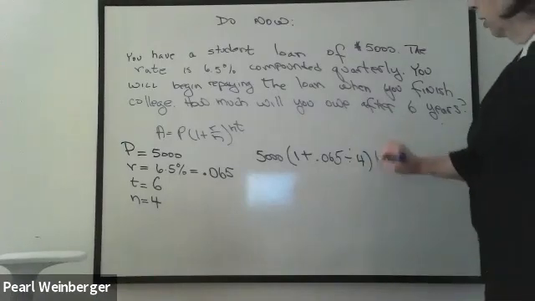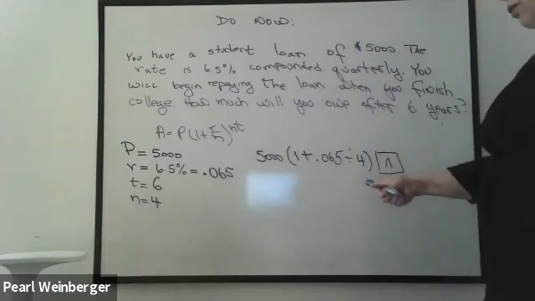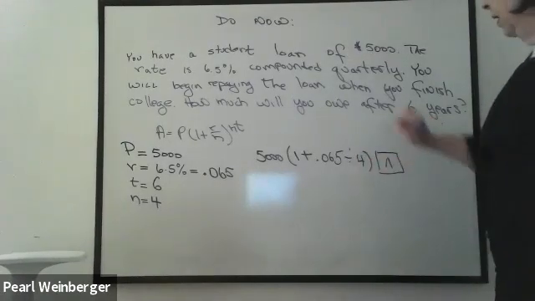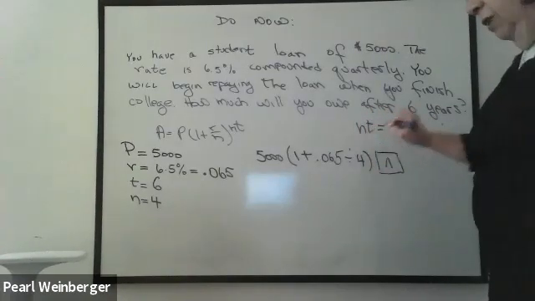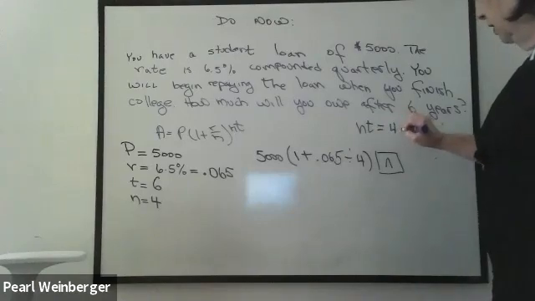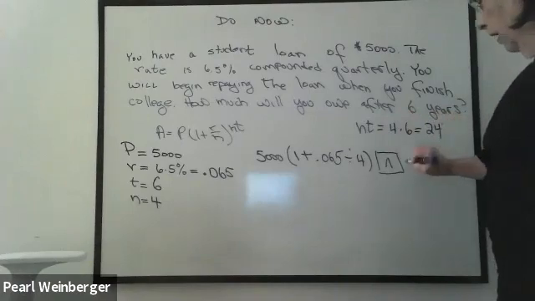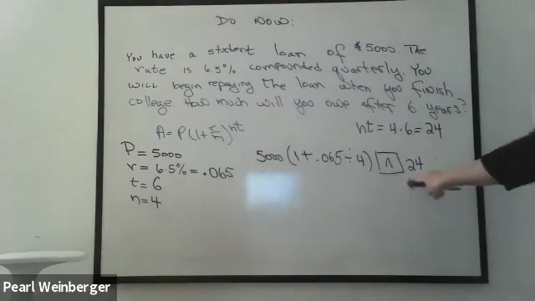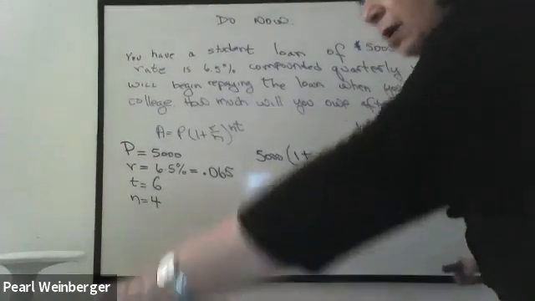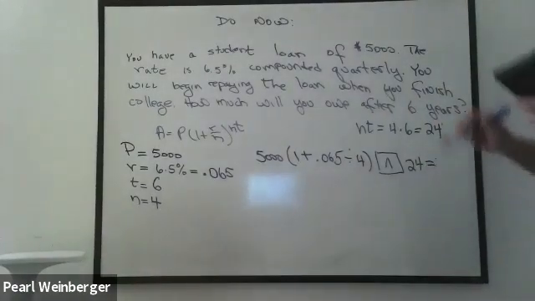And then we're going to go to our exponent button. And the exponent we're going to put is NT. Now, the N we know is 4, and the T is 6. So NT is going to be 24. That's the only thing I do sort of in my head, because I don't want to have 2 numbers there. And then you press equal.